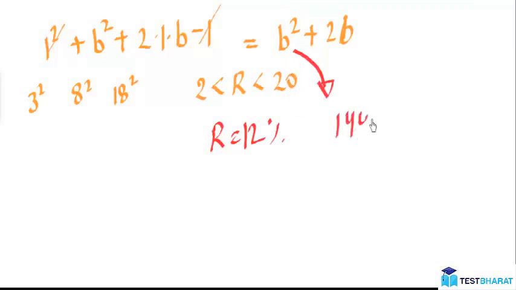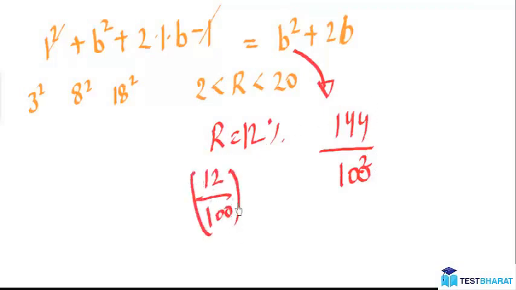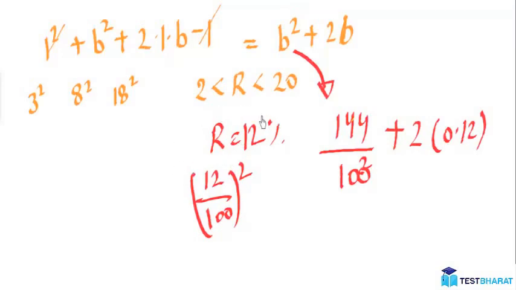So I know this 144 divided by 100 square, because I have to put 12 upon 100 square. 12 square is 144, this is 100 square, plus 2 into b, and my b is 0.12. So if we remember the squares of numbers from 2 to 20, we can easily calculate this compound interest.